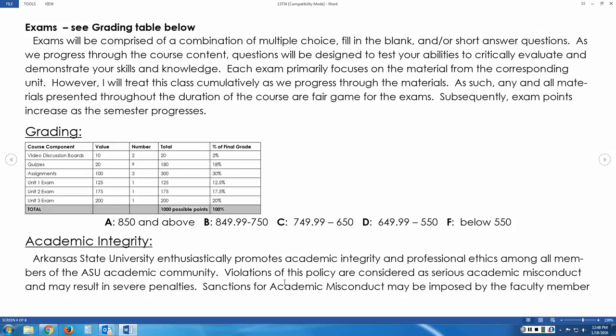So for instance, if you find something in your textbook and you list it out word for word as it's described by the author, all I know is that you know where to find that piece of information. I don't know that you understand that piece of information. So it's really important to me that everything you do is captured in your own writing.